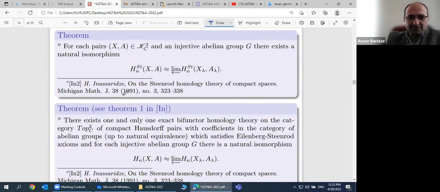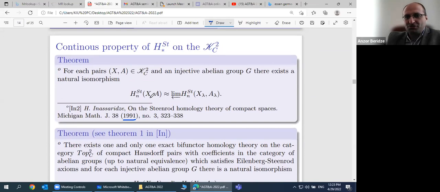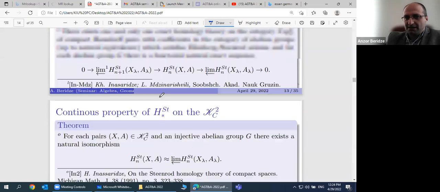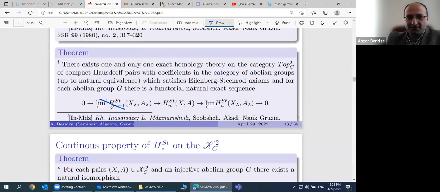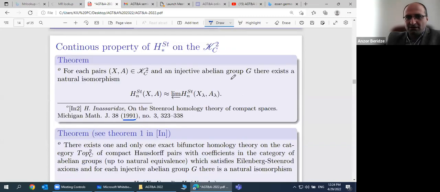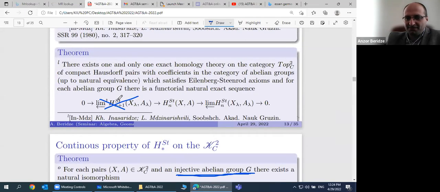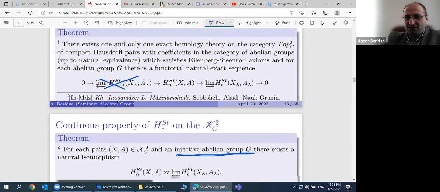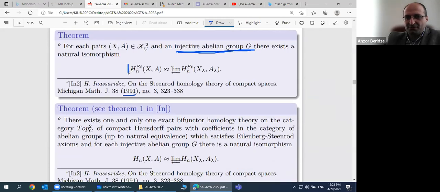And later, Anzor Beridze gave another axiomatic characterization. Here is isomorphism, it means that this first derivative must be 0, but not for all coefficient groups, but this coefficient group must be an injective abelian group. And when this coefficient group is an injective abelian group, then the first derivative limit is definitely 0, and we will obtain the isomorphism.